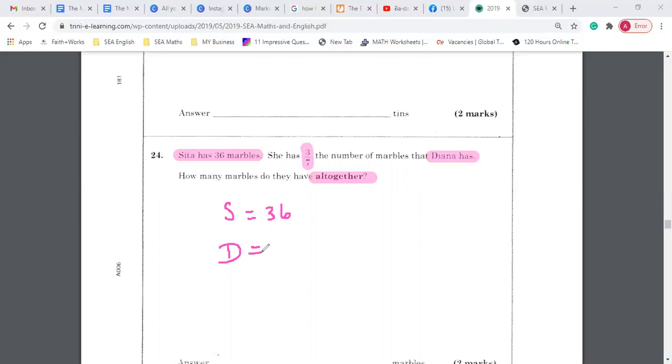Yeah, and then I overthought it. It says she has. See why it's important to read the question and highlight the important parts? I highlighted that Sita has 36 marbles. She has 3/7 of the number of marbles that Diane has.